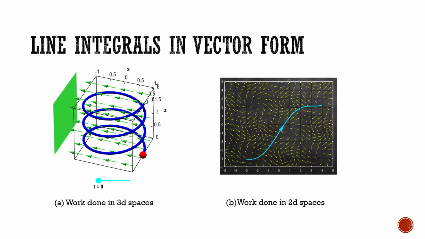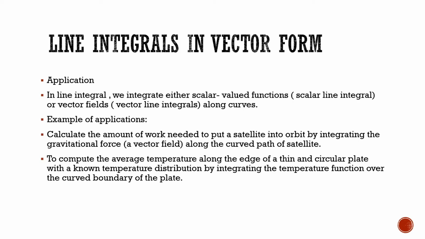This figure shows how work done in 3D space and 2D space works, an application of the integral in vector form. In a line integral, we integrate a scalar function, which is a scalar line integral, or a vector field, which is a vector line integral, along a curve. For the first example of applications, we can calculate the amount of work needed to put a satellite into orbit by integrating the gravitational force, a vector field, along the curved path of the satellite.